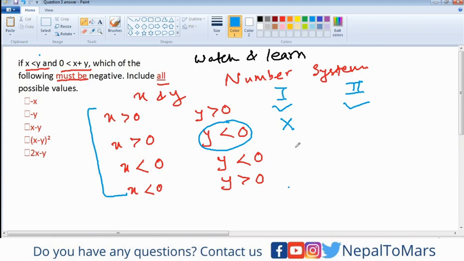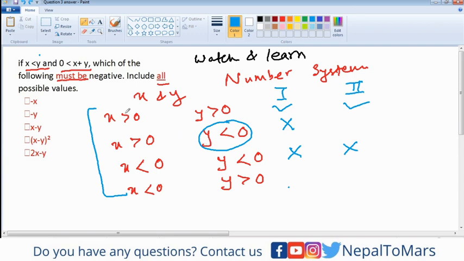Here if x is less than 0 and y is less than 0, we can see x plus y is greater than 0. That means if both of the numbers are less than 0, the sum of the numbers cannot be greater than 0. So this condition will not be fulfilled. If x is less than 0 and y is greater than 0, this can be possible.